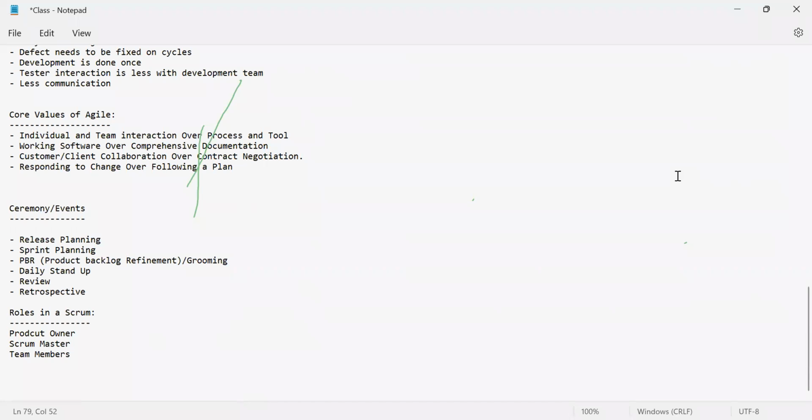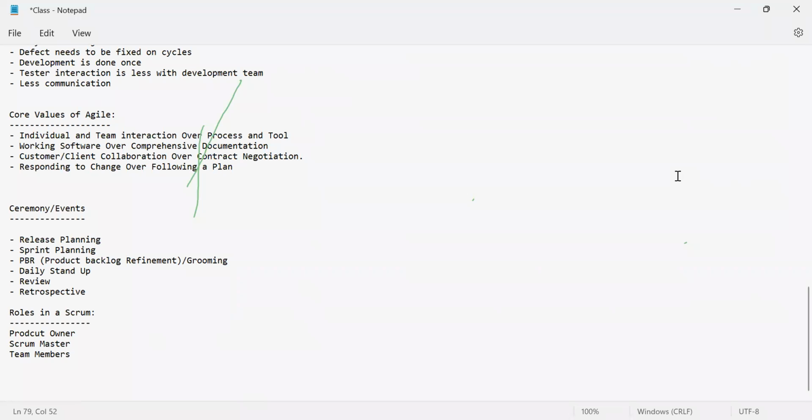What is a sprint? Nothing but a cycle, right? So these sprints have stories. Stories are nothing but these small chunks of functionality that need to be developed.